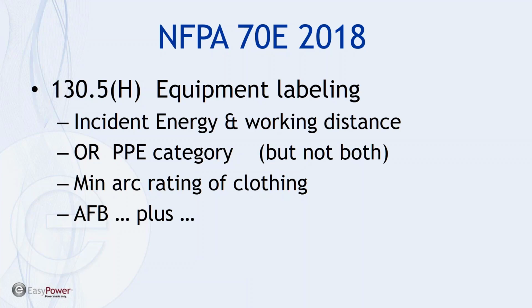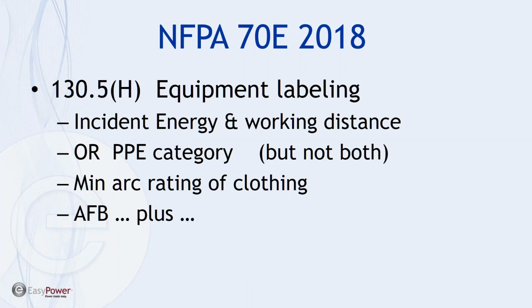That is, if I've calculated incident energy, I cannot reference a PPE category of any type or form, especially if it references the PPE lookup table, or more specifically, we can't utilize the old HRC category, which was in effect prior to 2015.